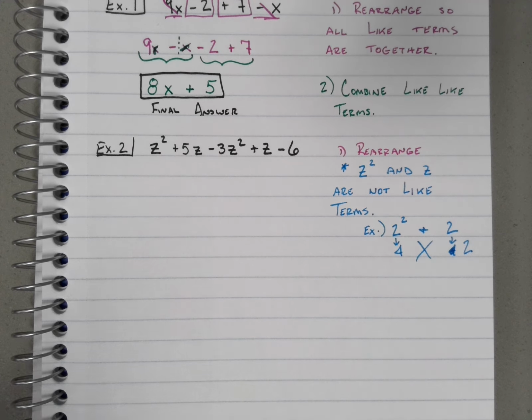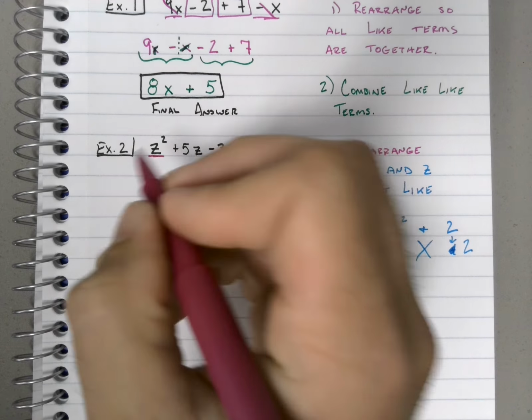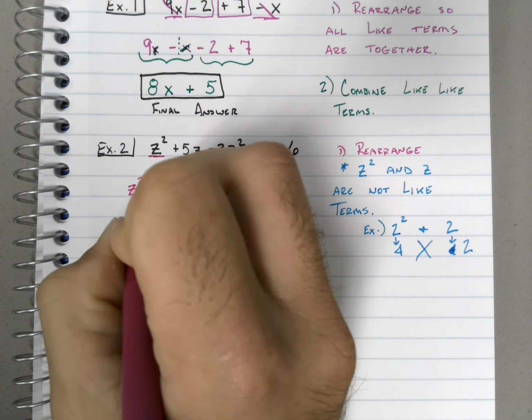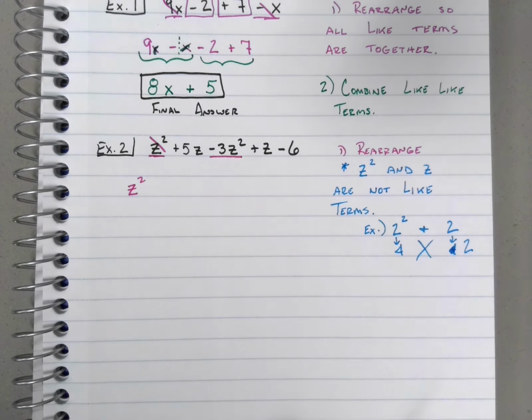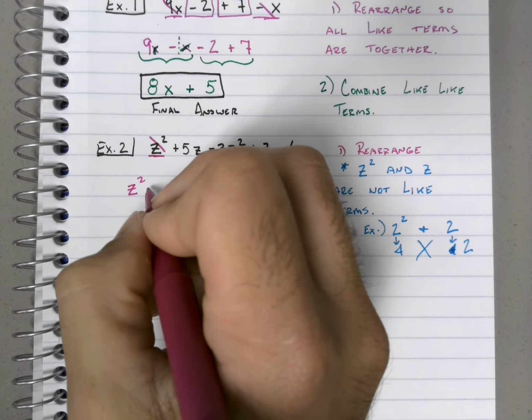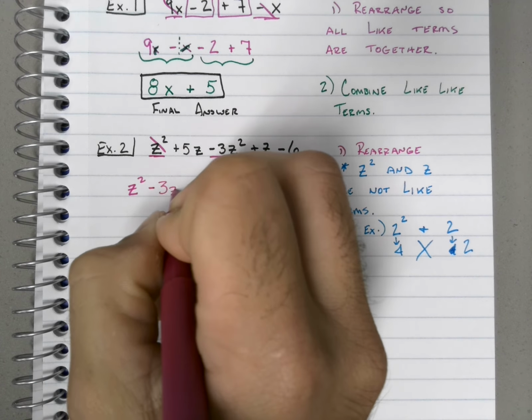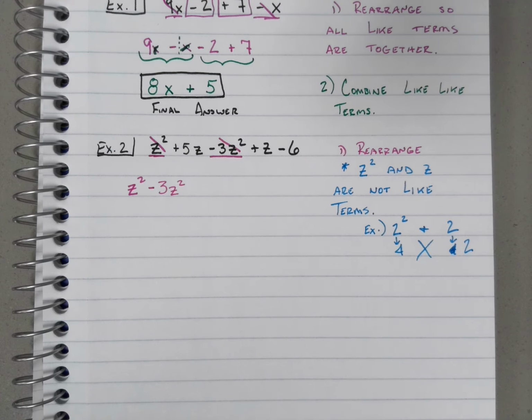All right? So that way we know that. So my like terms, I have a z squared. I go across, that's not a like term. Oh, here's a 3z squared. That's wrong. It's a negative 3z squared. So if I write negative 3z squared, any more z squareds? Nope.